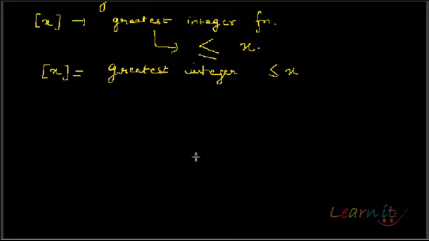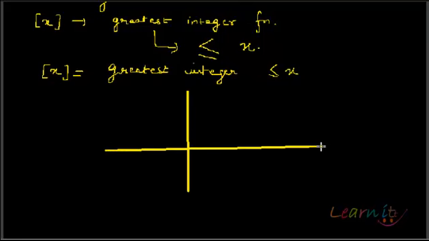Okay, so now, if you try to draw it, let's figure it out. Let's graph this function, the greatest integer function. What will it look like? I mean, you have real numbers between these integers, right? So 0, 1, 2, 3. I can make my x-axis -1, -2, -3, and so on.